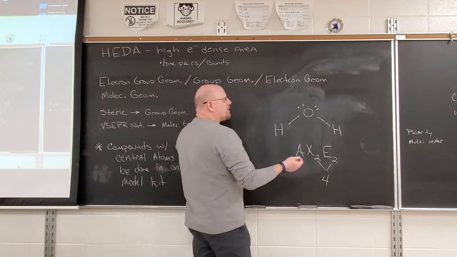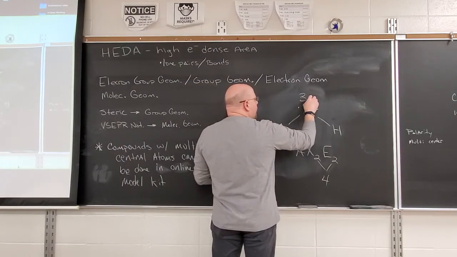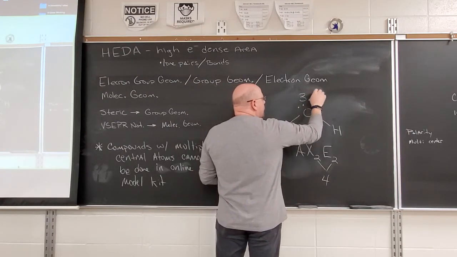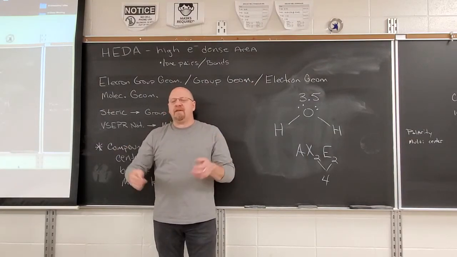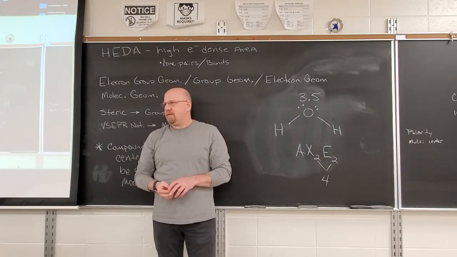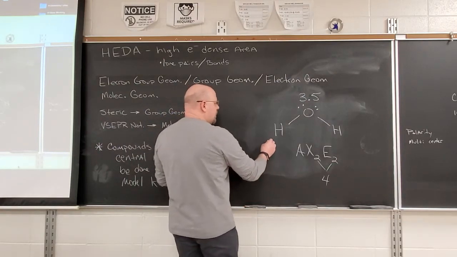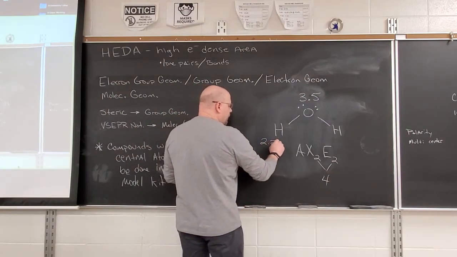So if you were to look at that table, you would find that oxygen has an electronegativity of 3.5. I only know that because I use it so often. Hydrogen has an electronegativity of 2.2, both of them.